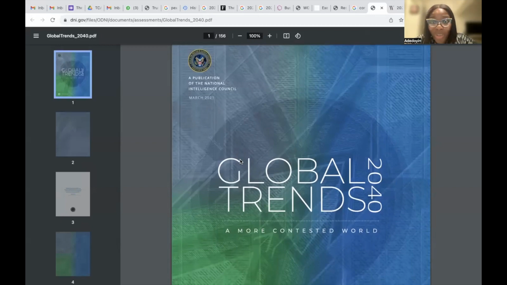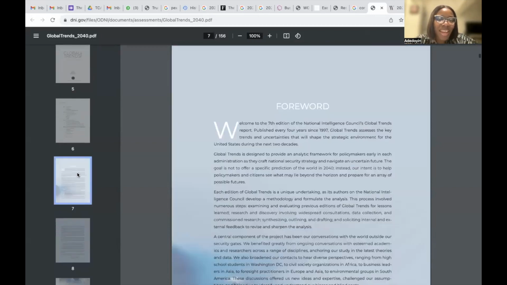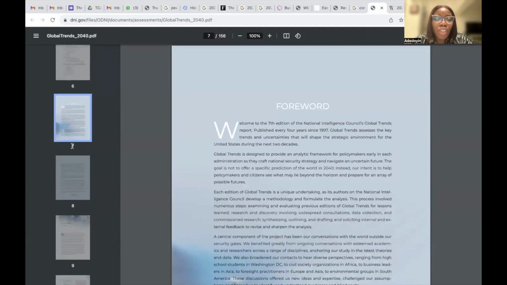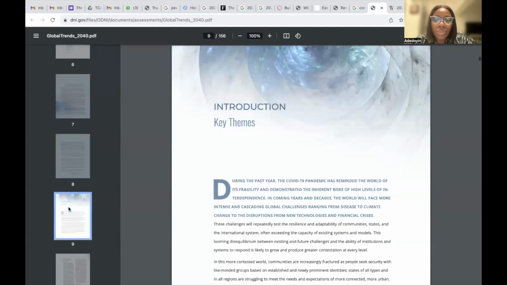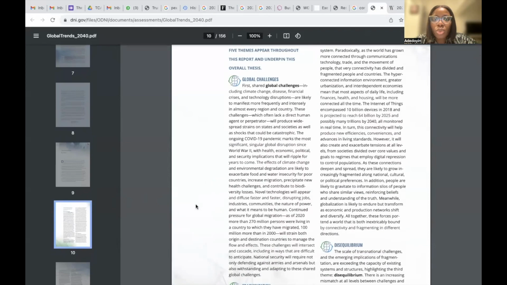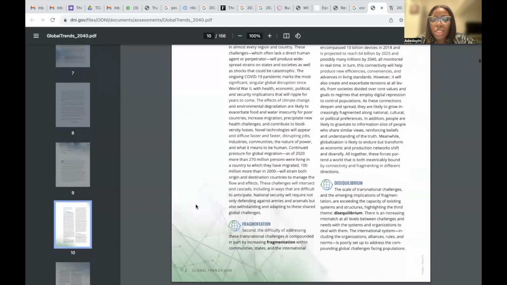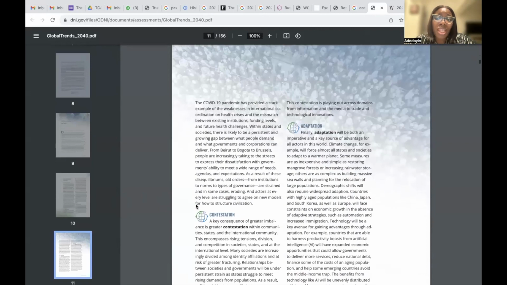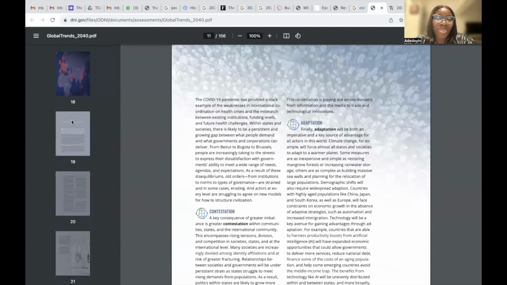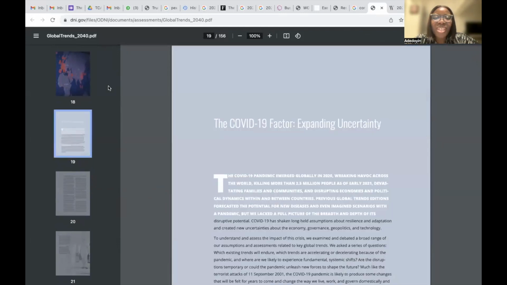This is a bit long, but if you have the time to burn, I mean, I skim read a lot. So usually I will go to the executive summary. So this introduction, for example, is running you through the key themes. So if I know key theme number 1, so there's global challenges, fragmentation, disequilibrium. If I see something that is interesting, I can then skip to that chapter, because I don't know that anybody has time to read 156 pages, but these things are worth it.